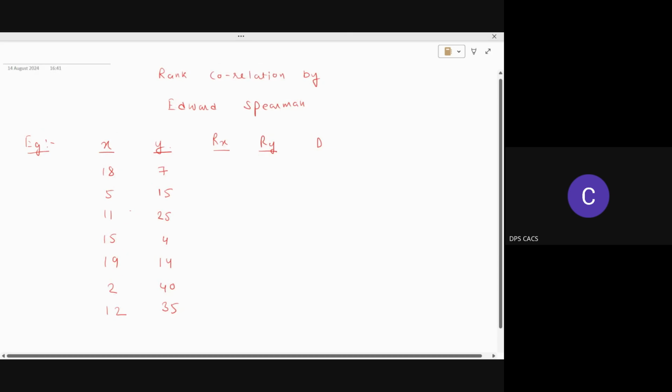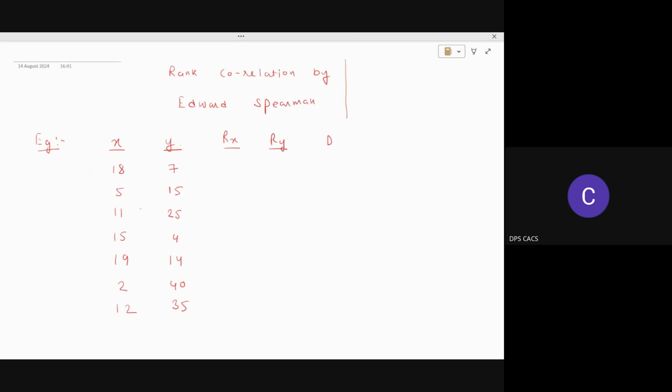So for those who do not remember the formula, capital R is equal to 1 minus 6 summation D square by n cube minus n. This was the formula, right? So I need a D square column, and then I am done. I need only 3 columns.